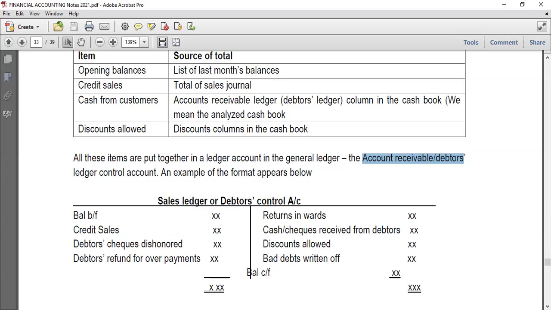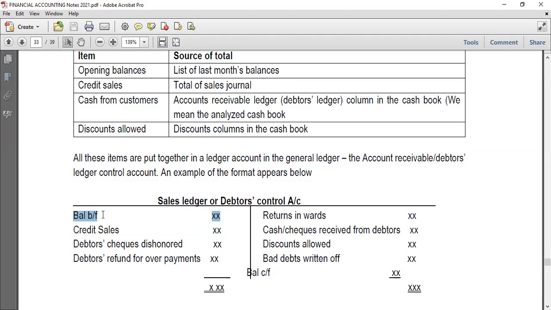So in the sales ledger or debtors control account, just like debtors have a normal debit balance, you know, debtors are assets, and assets have a normal debit balance. In the same way here, in your sales ledger or debtors control account, you should have a balance brought down on the debit side, okay? Because of the nature of the account.